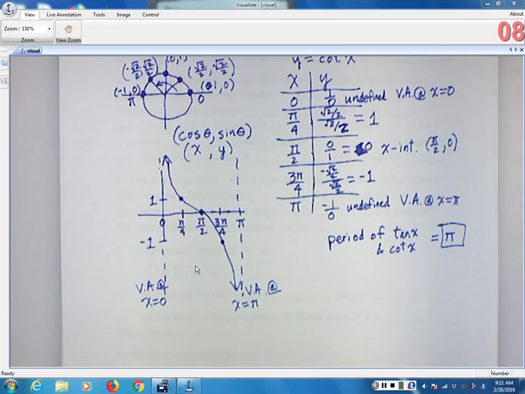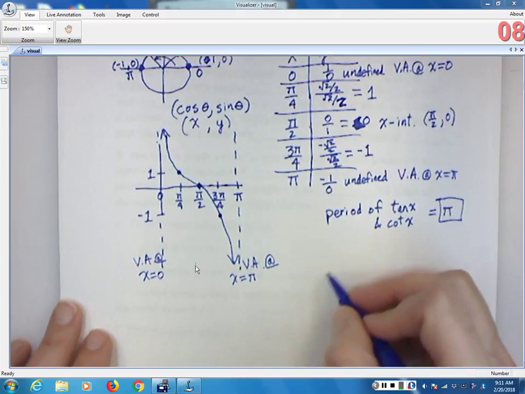Okay? So you're not going to go through this whole process every time. You're going to follow the same instructions as for tangent.